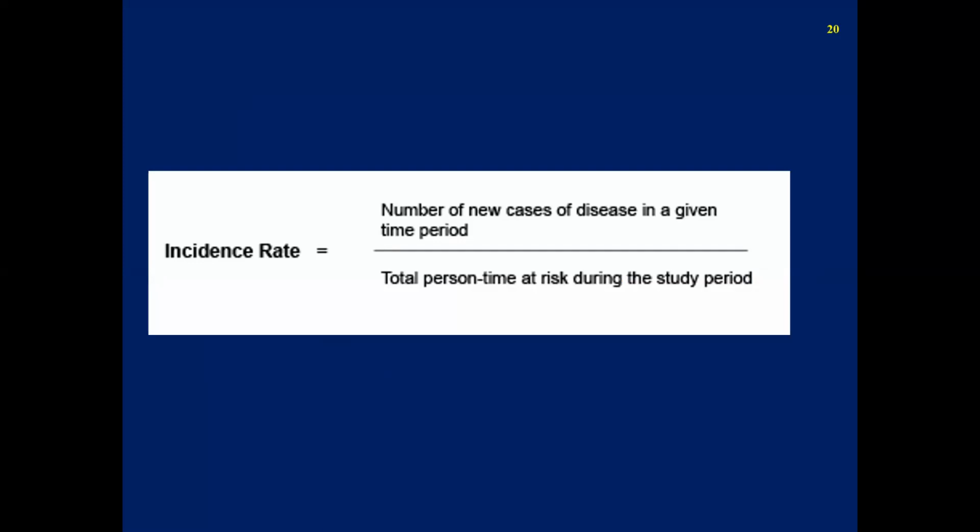Now, what is person time? Person time is a sum of the time. If you can say that one person was followed up for 1 year, the second person was followed up for 2 years, likewise each person was followed up for different time periods. So the total person years is calculated by summing up all of that, how much length of follow-up, and that becomes the total person time at risk.